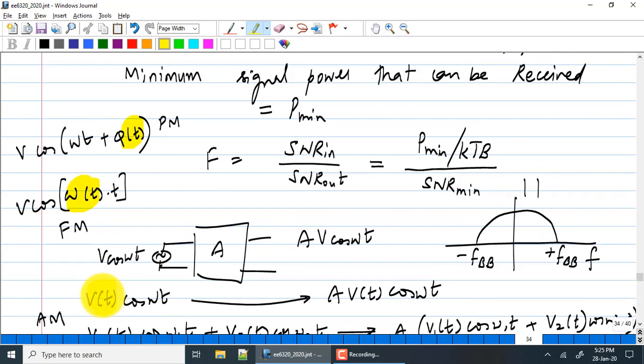Right? These are the most common ways, in fact probably the only ways, of communicating. Right? Now, this is analog communication. If you look at modern systems, you can do phase modulation, frequency modulation and amplitude modulation in the digital domain. Right? You don't need to do it in this form.